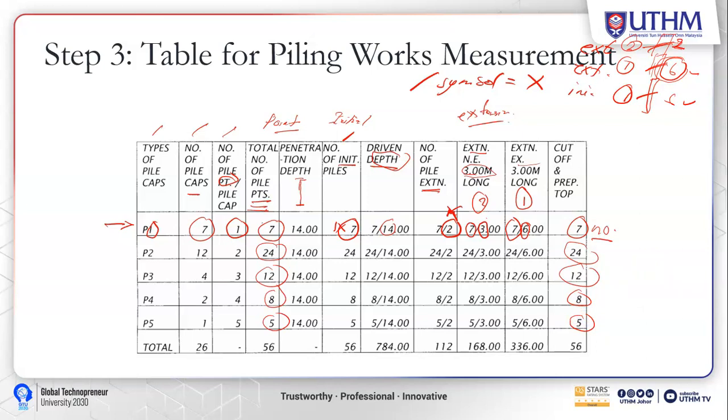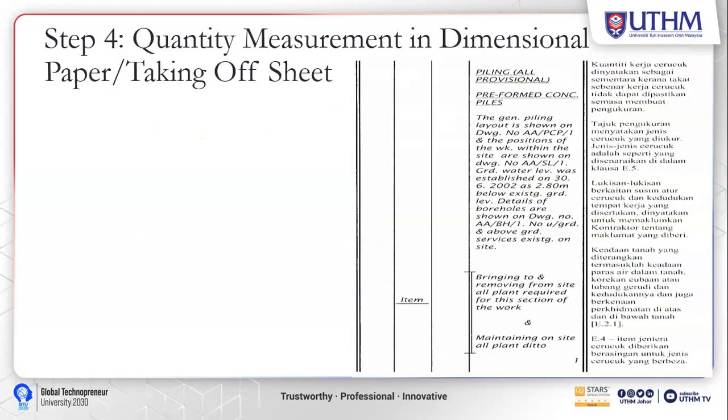So this table is used as a summary table, because all of our quantity measurement we need to do in this dimension paper, or what we call the take-off sheet.